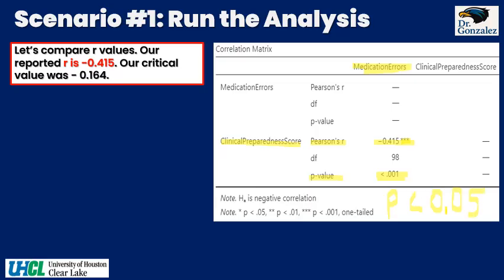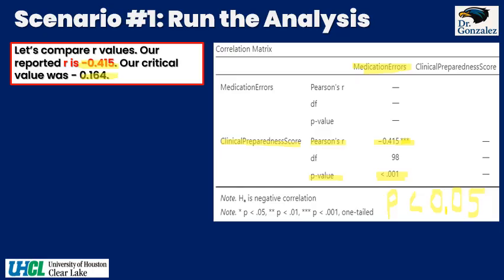Okay? So our critical, we talked about this earlier, this is if I was calculating it by hand. If I calculated it by hand, I would have gotten an R value of negative 0.415. Our critical was 0.164.